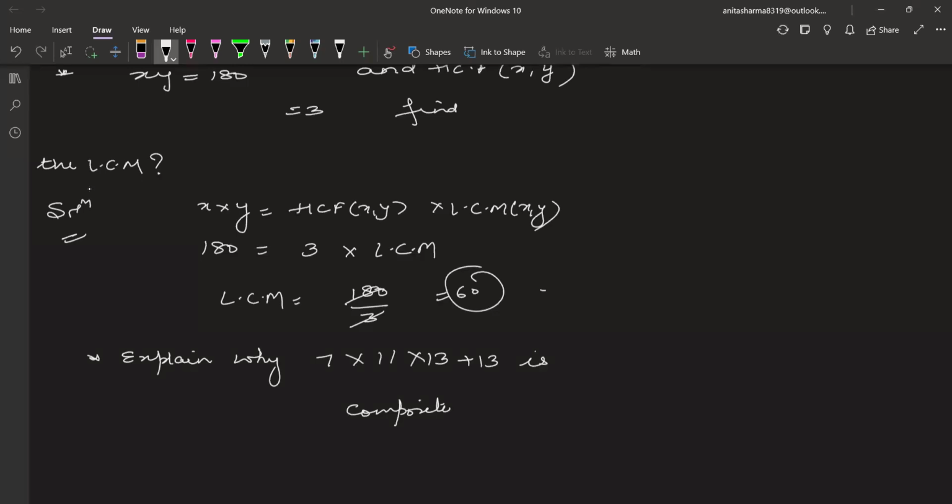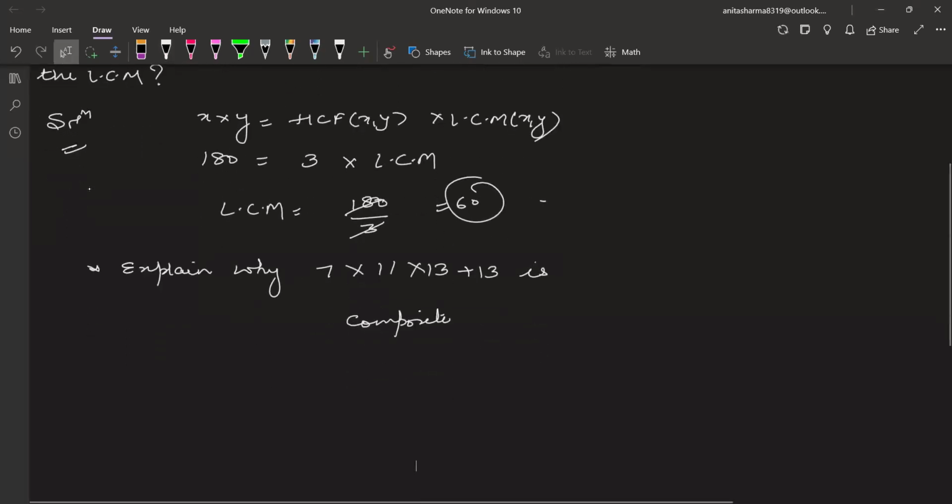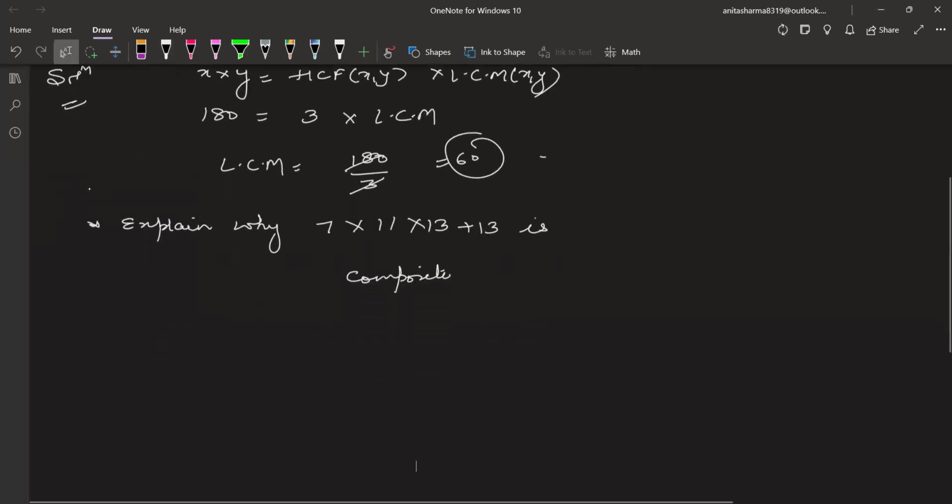So what do you mean by composite numbers, children? Moksha? What do you mean by composite number? Having more than 2 factors, right, beta?